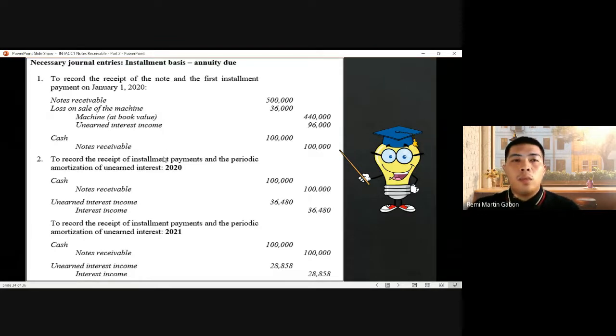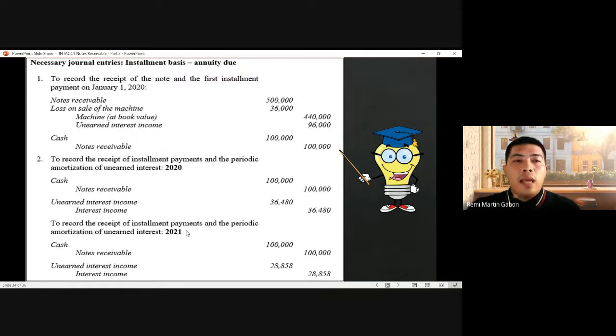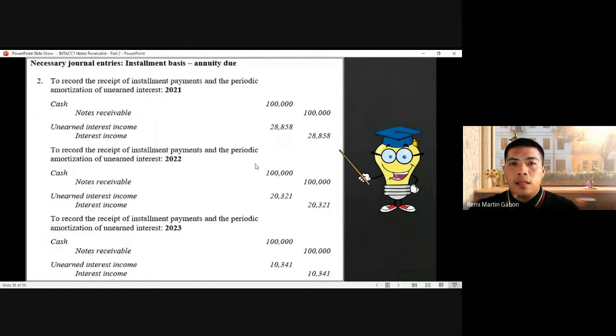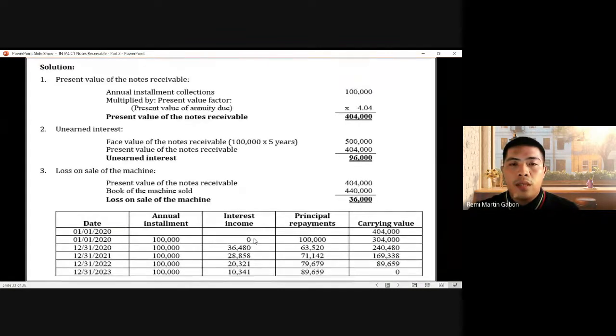Then for 2020, December 31, until December 31, 2023, we debit cash and credit notes receivable for 100,000. Consistent yan. Then yung interest income, debit unearned interest income and credit interest income on the basis of the amortization schedule.